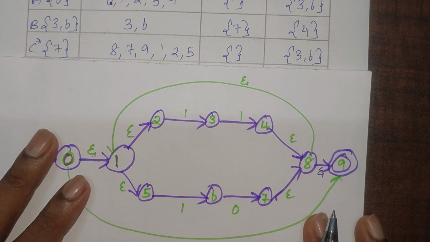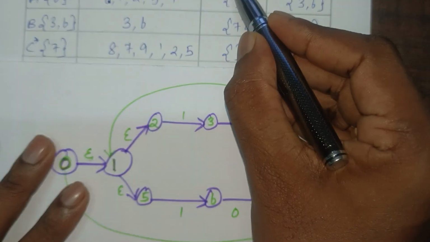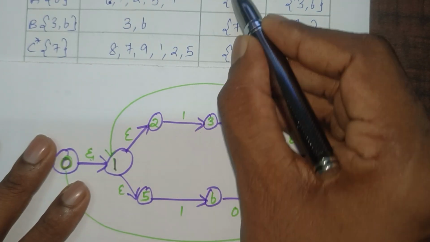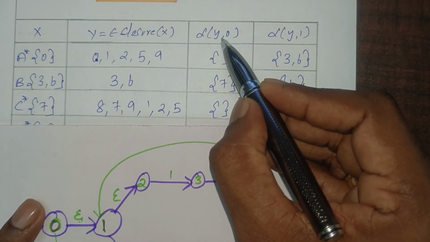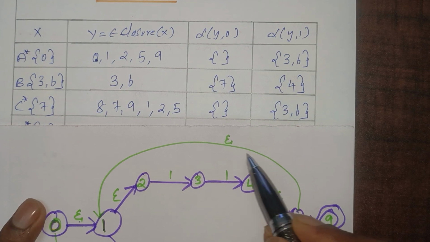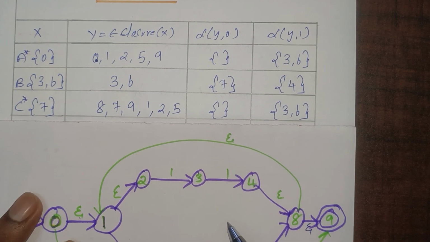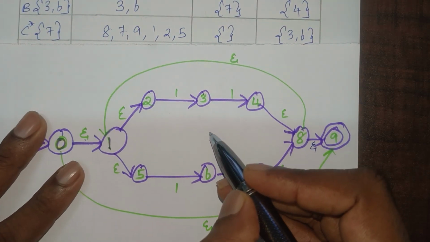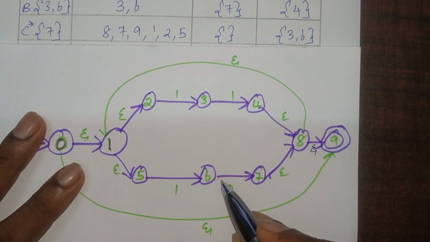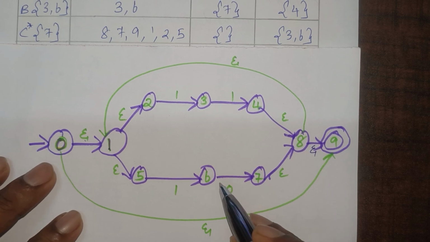Now you can see here exactly this 8, 7, 9, 1, 2, 5 as y comma 0. Right? Y comma 0. I hope you all know how this y comma 0 is happening. The previous steps you are able to remember. Now this 8, we are going to check whether 8 is taking the input called 0 to reach any other state.